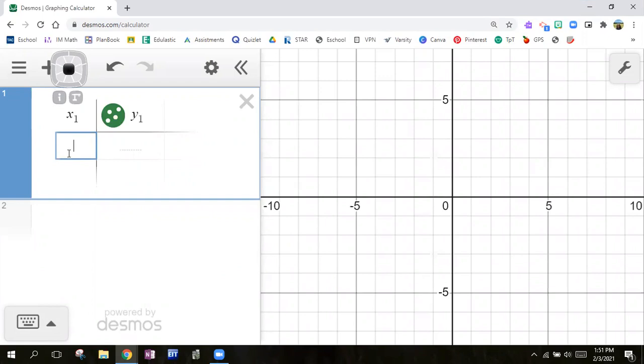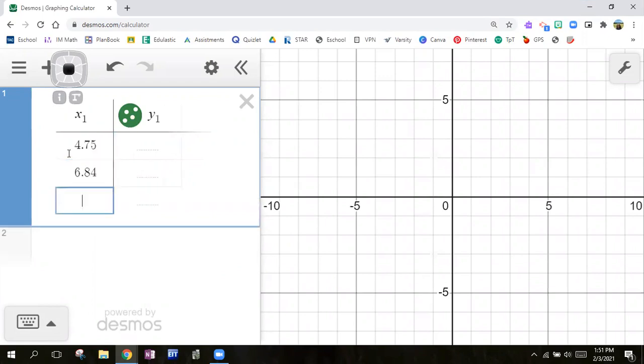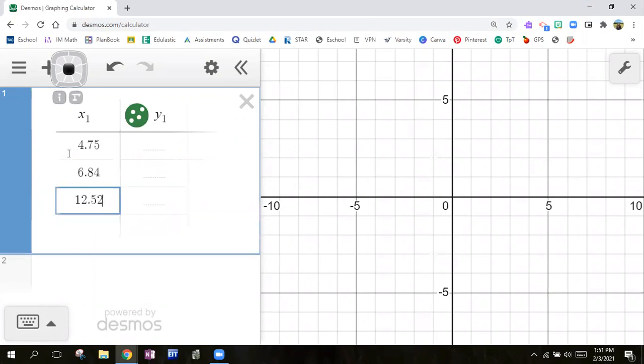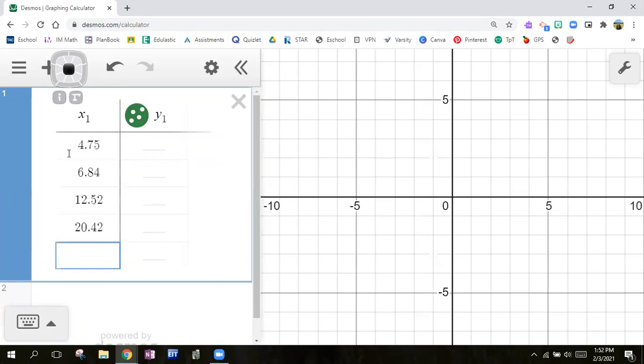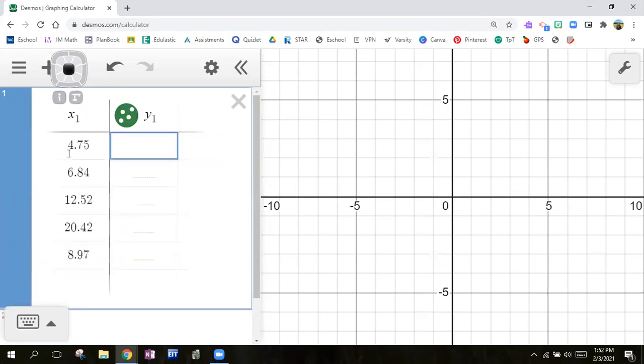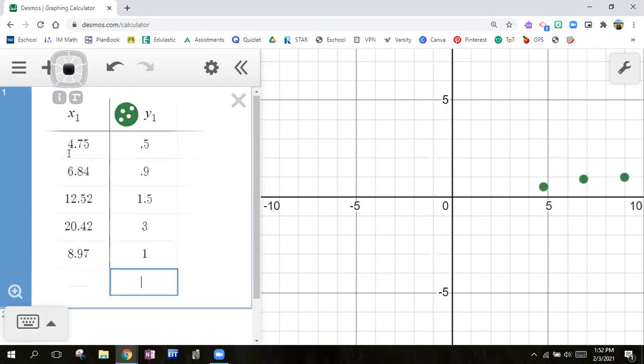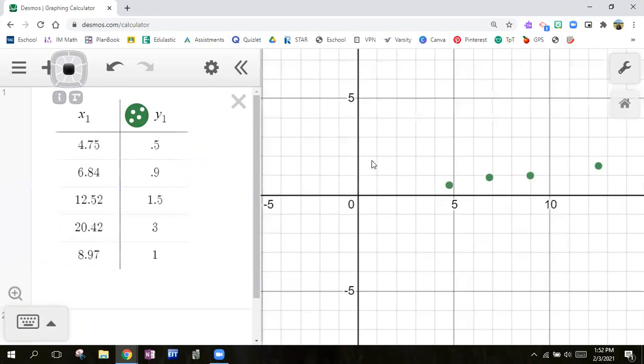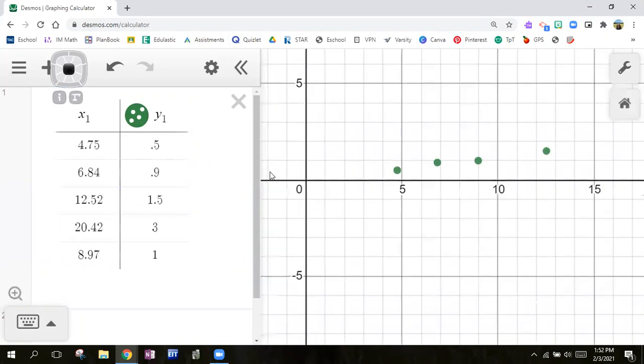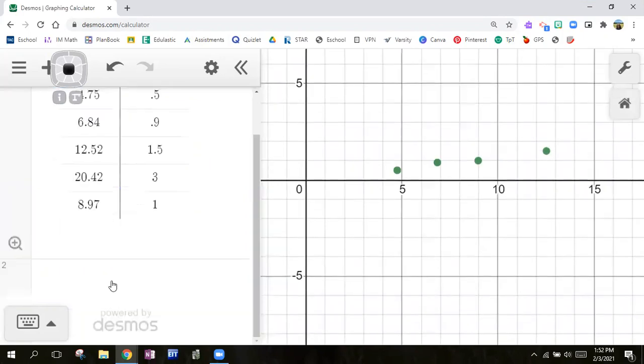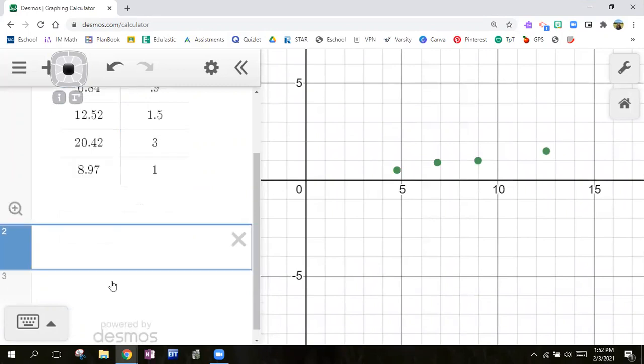Got 475, 684, 1252, 2042, 897, 0.5, 0.9, 0.5. All right, so there is our data. What is that little equation that we use to create the line of best fit? Who can tell me what that is? Abby.